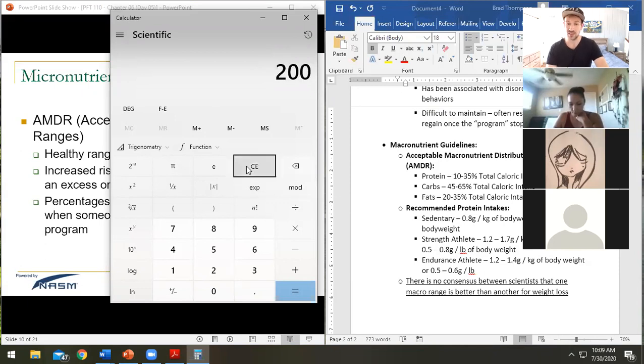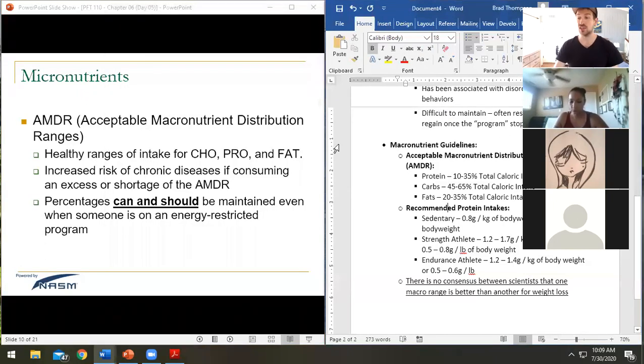And if you're on a 2,000 calorie diet, you're still going to use, let's say, 65%. That's going to be 1,300 calories per day, which is only 325 grams. So you're going to see changes depending on how many calories you're consuming.